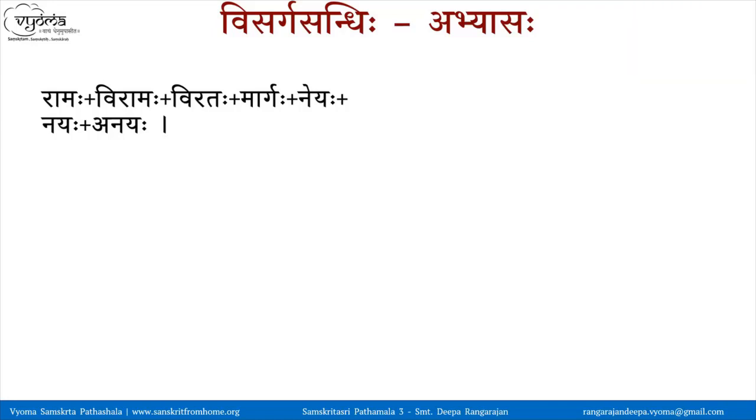If it is a soft consonant, the Visarga will become U. And it will become Ramo Viramaha. Exactly. Preceded by Akara, followed by Vakara, which is a soft consonant, it becomes Ukara. Ramo Viramaha by Gunasandhi.